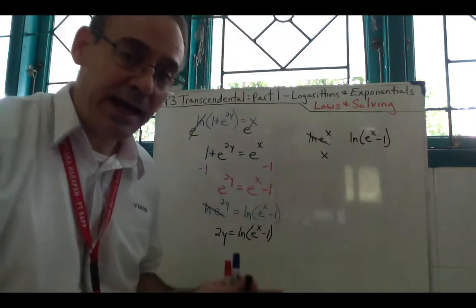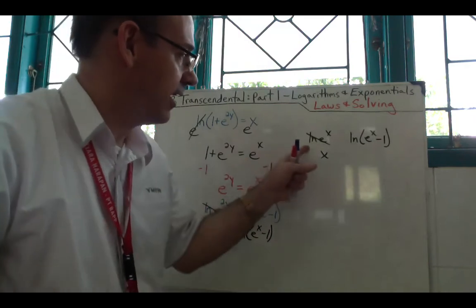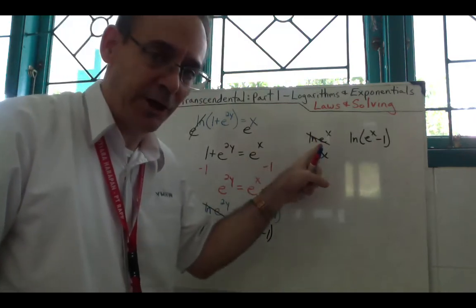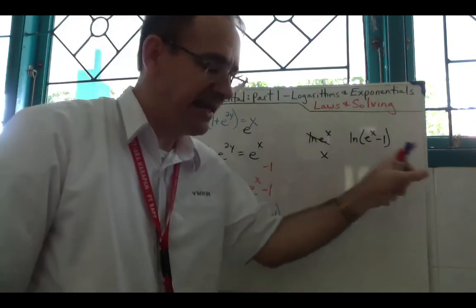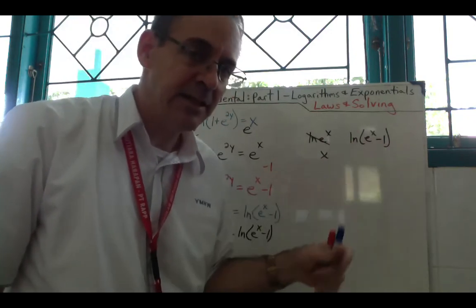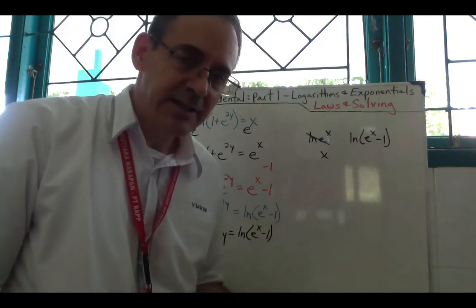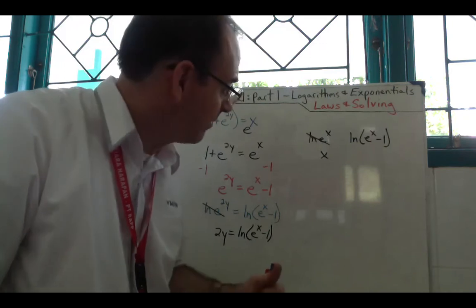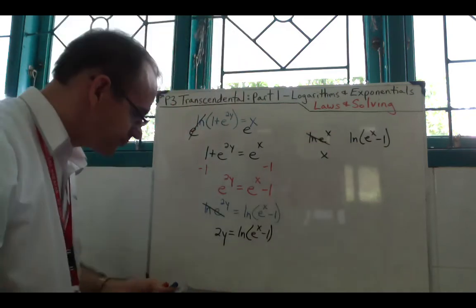This does not cancel, so be careful with that. If your ln is of an individual term with the same base, it cancels. But if it's connected by plus or minus, logarithms do not distribute across add and subtract like that. So you cannot cancel that out.